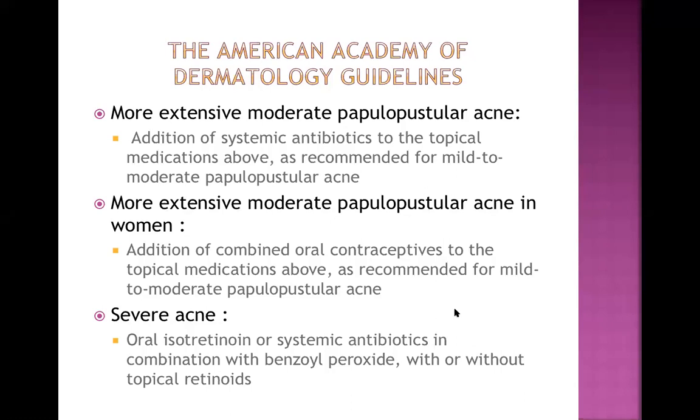Oral contraceptive pills are given only for females, not for males. That is an important point to understand. And severe acne, the most severe among all, we use isotretinoin as the systemic form. Or we can continue systemic antibiotics in combination with benzoyl peroxide, with or without topical retinoid.